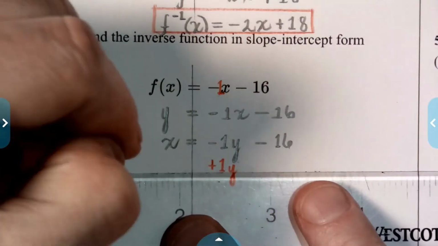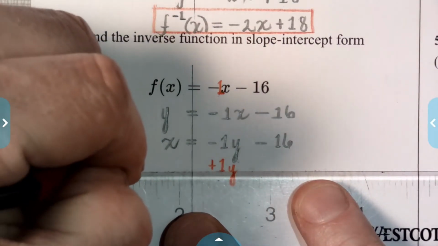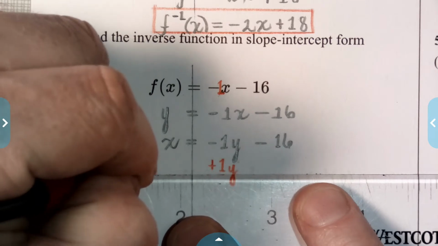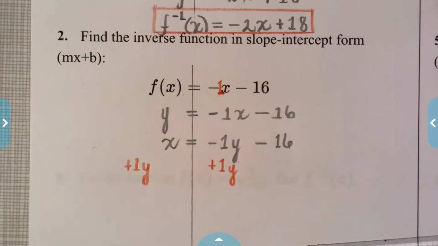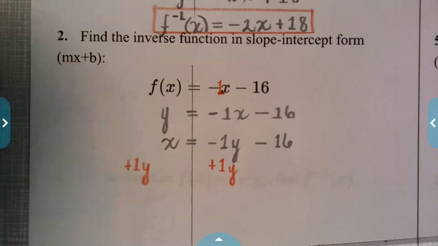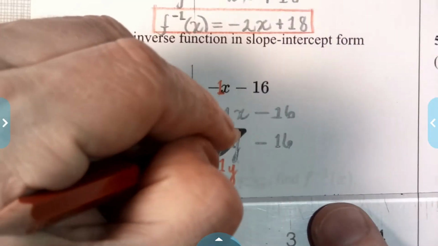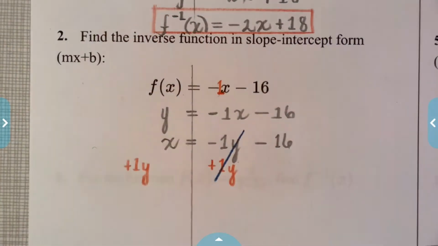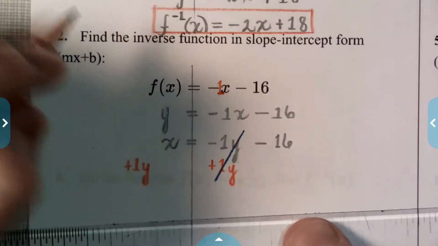Okay. And of course, 1y is just y, all right? When it becomes convenient to do so, we'll simply drop the 1. And I think we've probably reached that point.